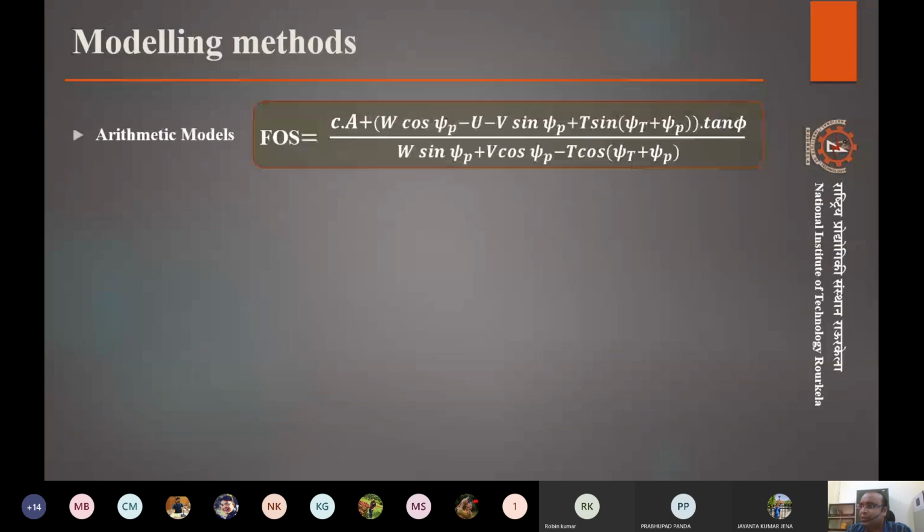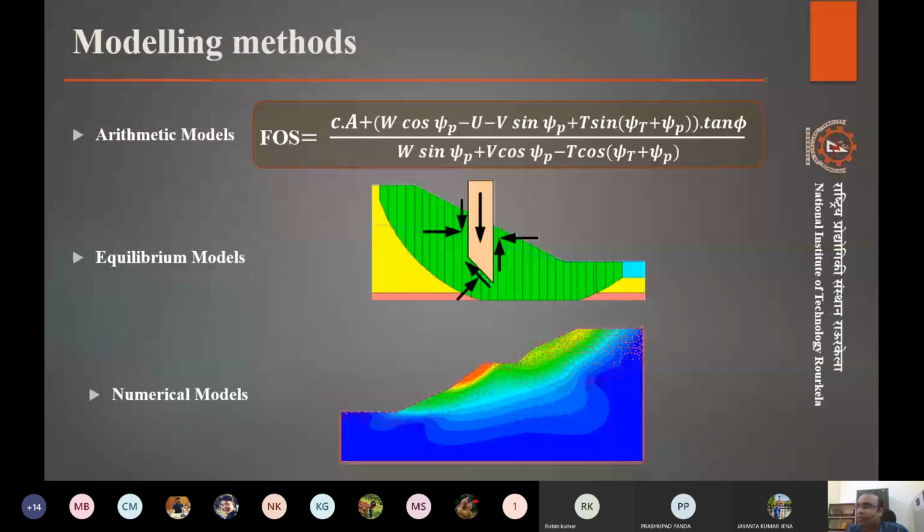Like last time, we were seeing how these three kinds of models are very different from each other. We have been aware of two kinds, the arithmetic model and the equilibrium model. And what is the numerical model?